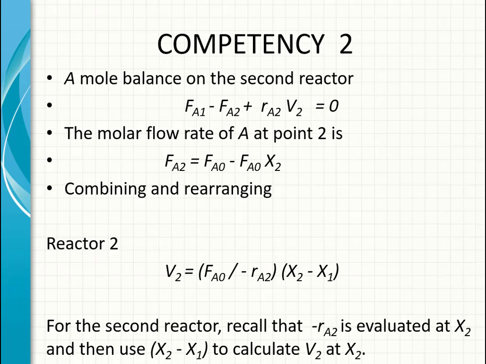Combining and rearranging these equations, the volume of reactor 2 will be FA0 divided by minus RA2, all that multiplied by X2 minus X1. So for the second reactor, we recall that minus RA2 is evaluated at X2, and then use X2 minus X1 to calculate V2 at X2.